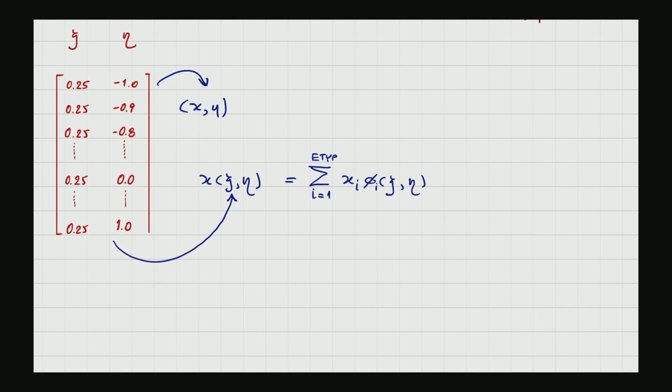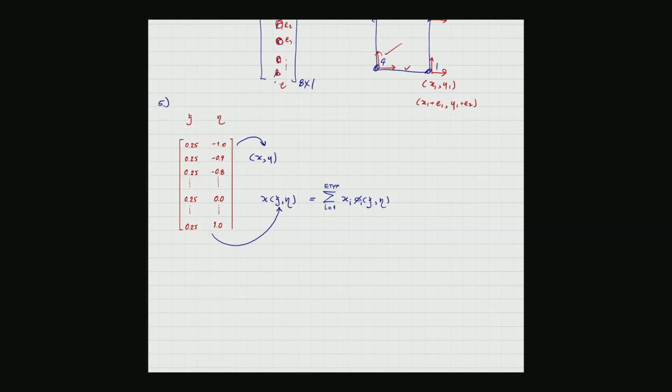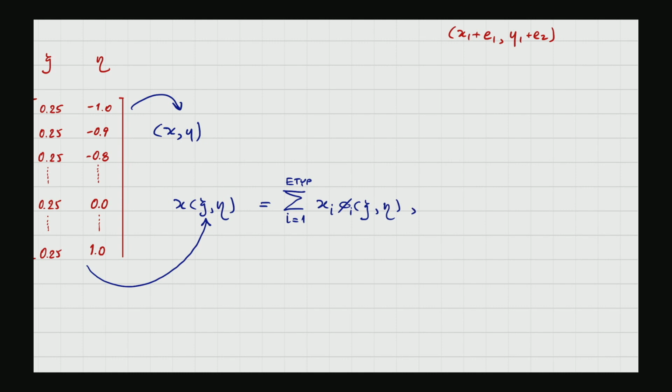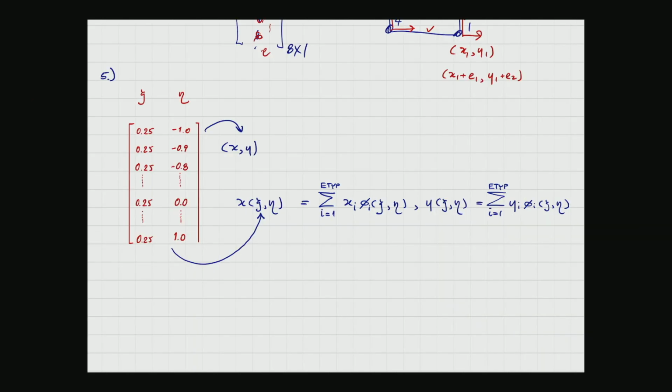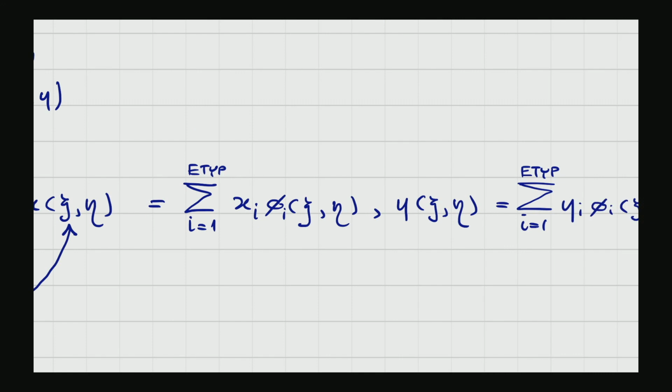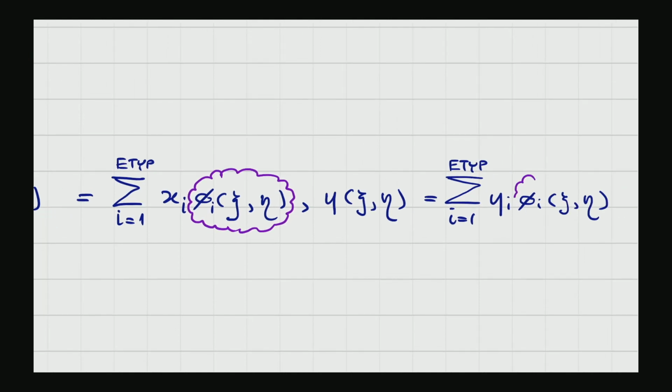Now we get the x, and the y will be carried out in the same fashion. So actually I should not have to explain like this. Summation, you can expect what's going to happen. Element type, and then y i, phi i, C and eta. This part here is going to be the same.